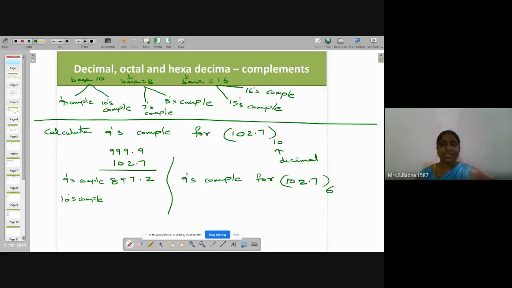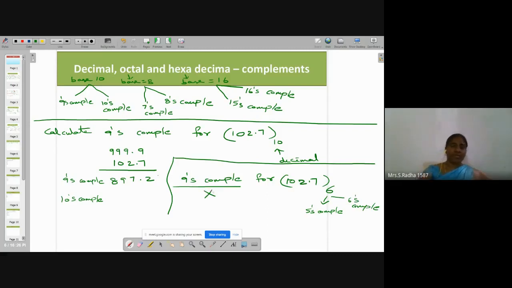As the base is 6, only 5's complement and 6's complement are possible. So 9's complement cannot be calculated. Based on the radix, different types of complements exist. This is the conclusion from this theory.